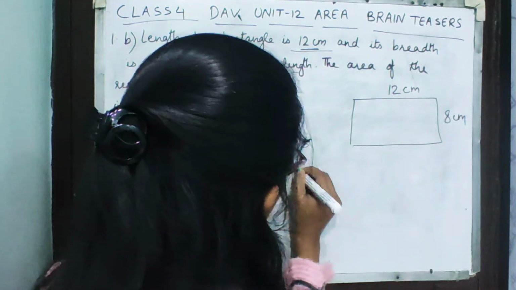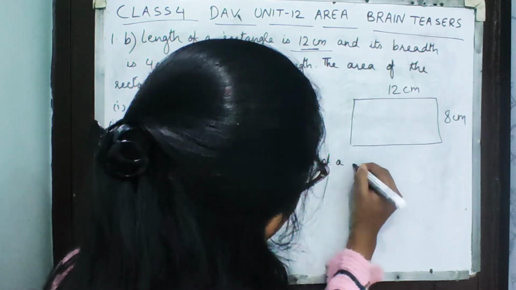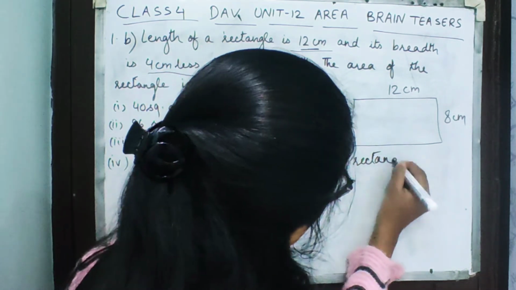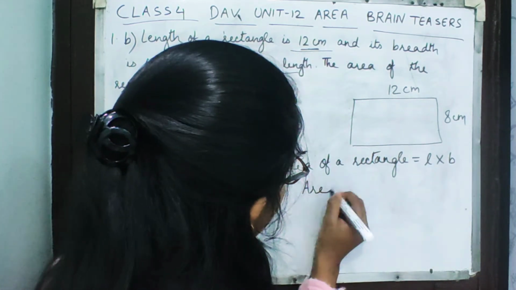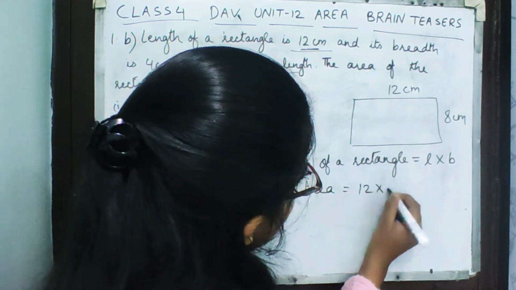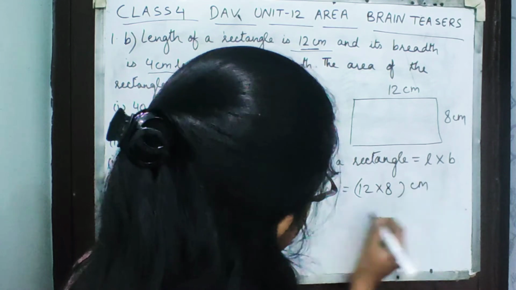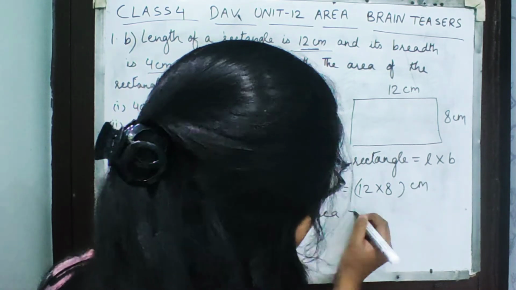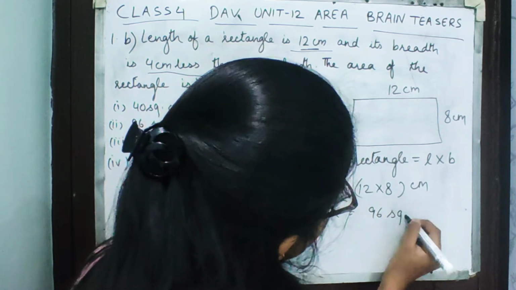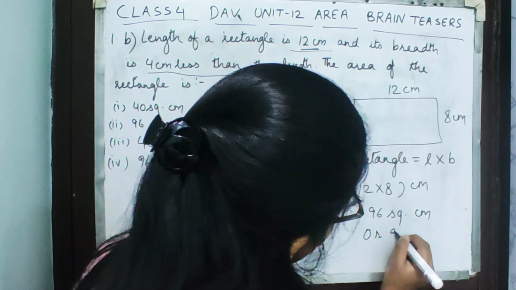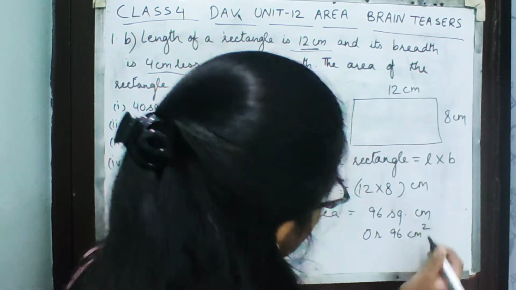Area of a rectangle, the formula is L into B. So area will be 12 into 8 with centimeter. 12 into 8 is 96 square centimeter.